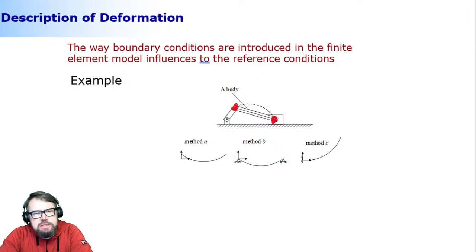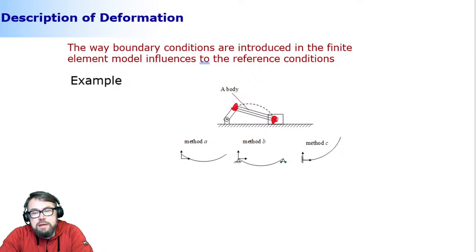Then the obvious question is, if you wanted to model this connection rod using a finite element model, what kind of boundary condition should you introduce? Should you attach your finite element model to ground when you're conducting the modal analysis? And if you decide to do so, how should you do that?